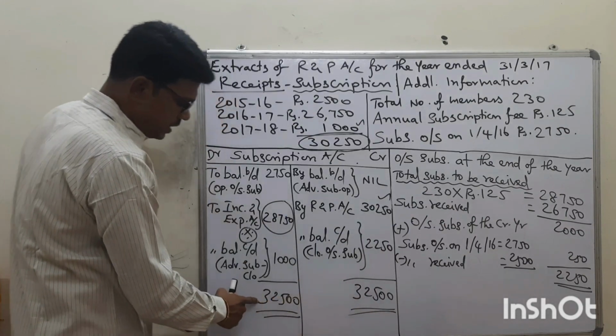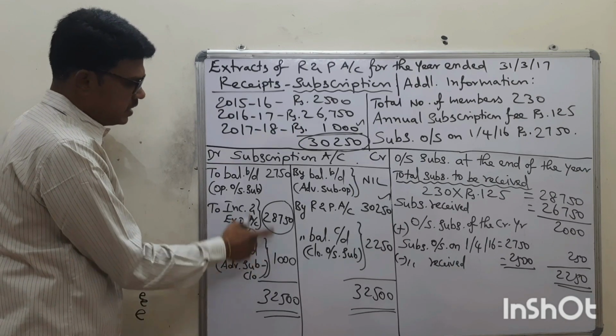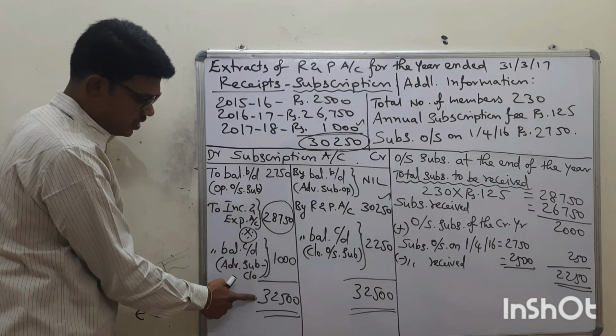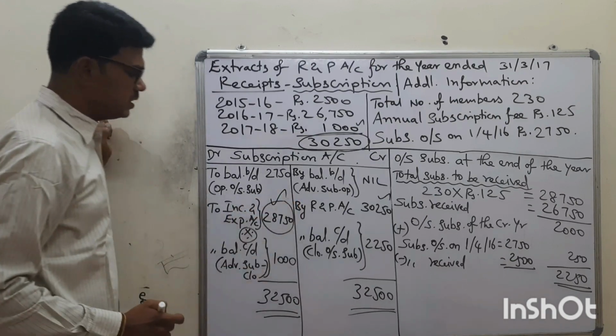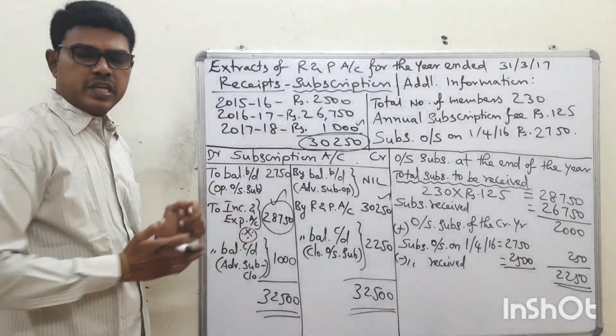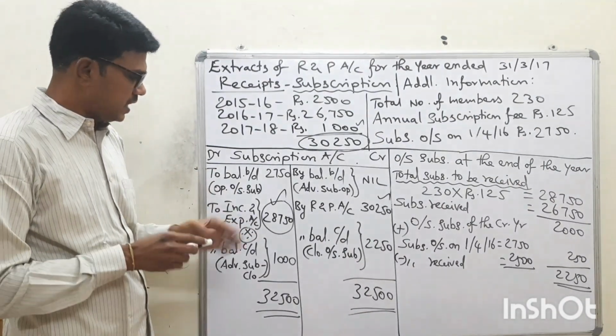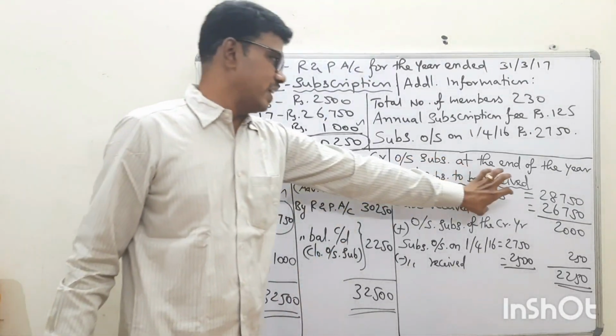Write the same total on the opposite side, the debit side. Then subtract these two values from this total, and you will get 28,750. This is the income from subscription of the current year. Even without these workings, we can directly calculate.